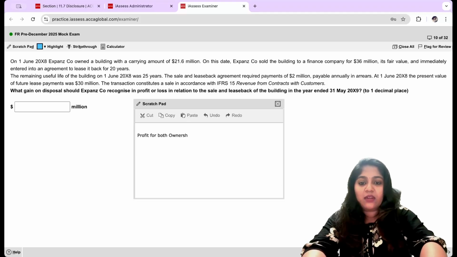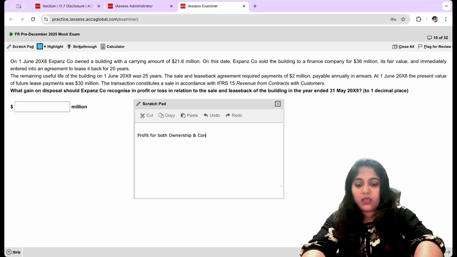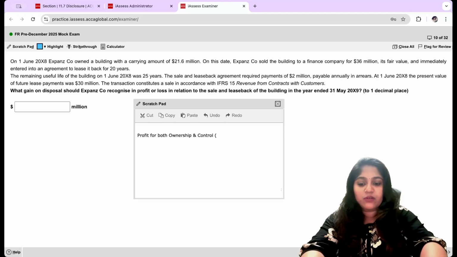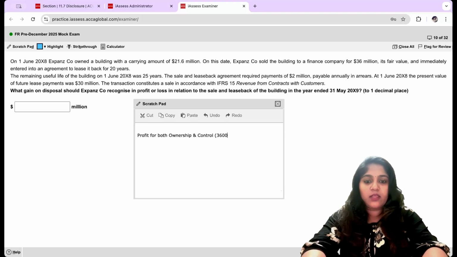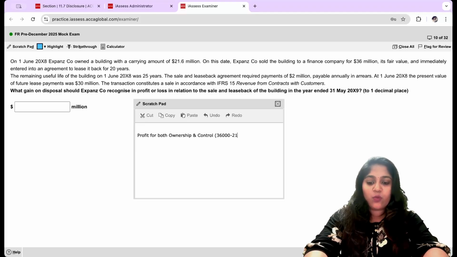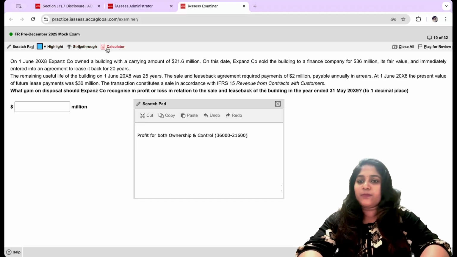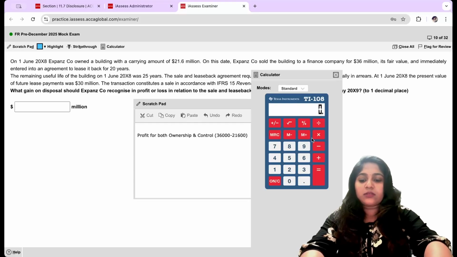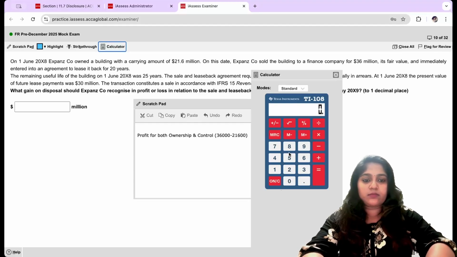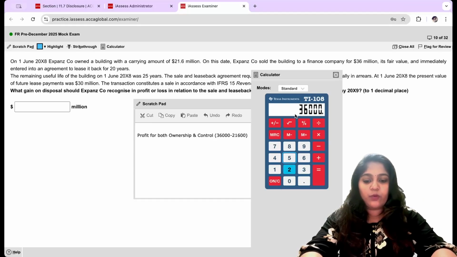So what is my profit for both ownership and control together? I have 36 million, minus 21.6 million. So what was my total profit? 36 million minus 21.6 million.